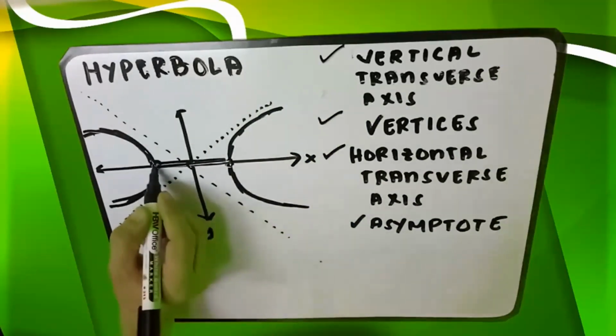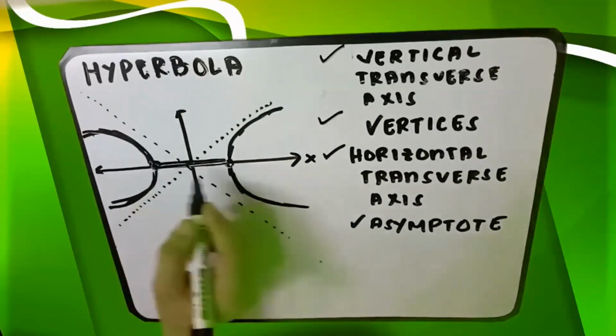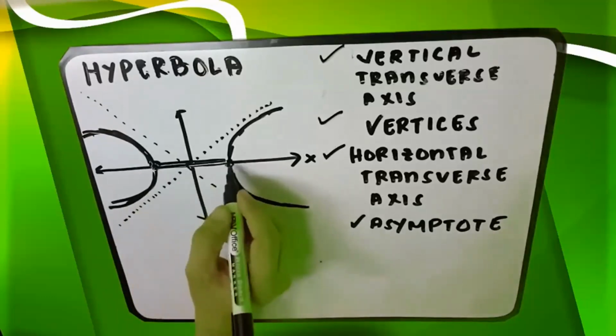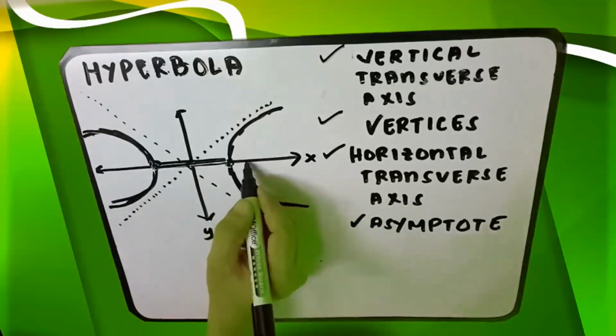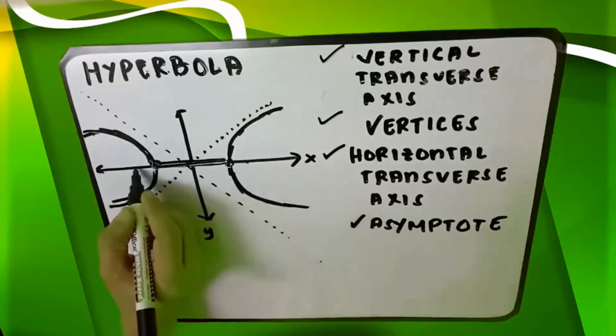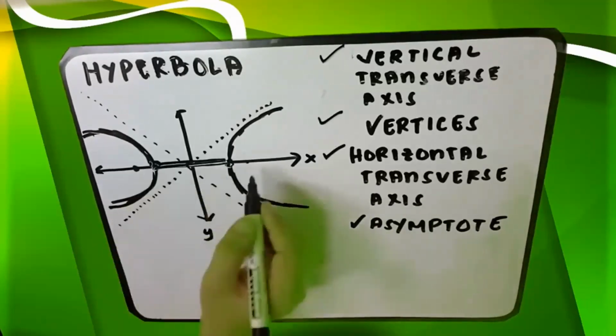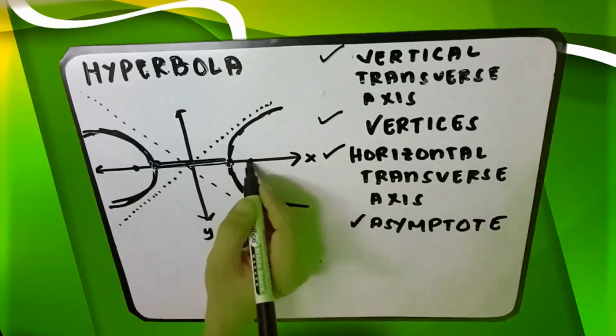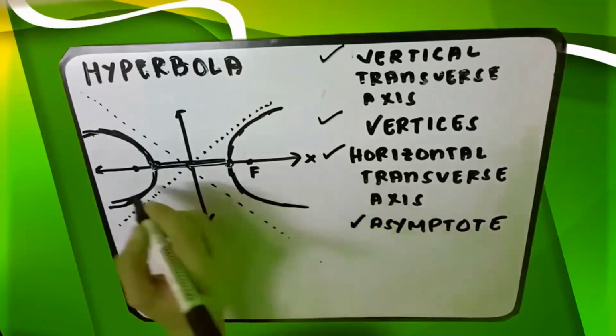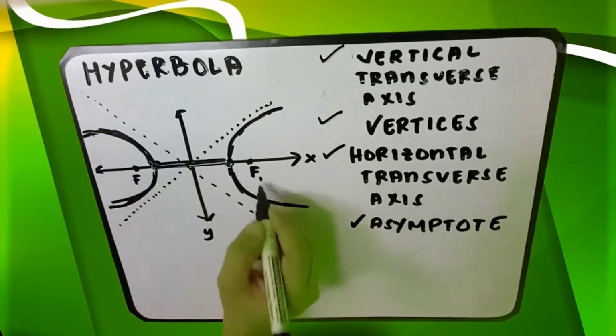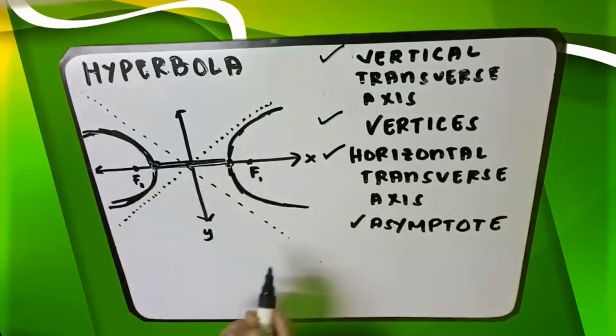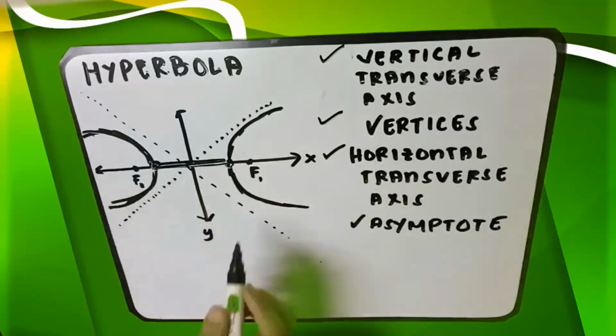Next, if these are the vertices sa loob ng graph, merong points na tinatawag. So these are the foci. So F sub 1, F sub 2. Yung ginamit natin kanina, that is the focus.